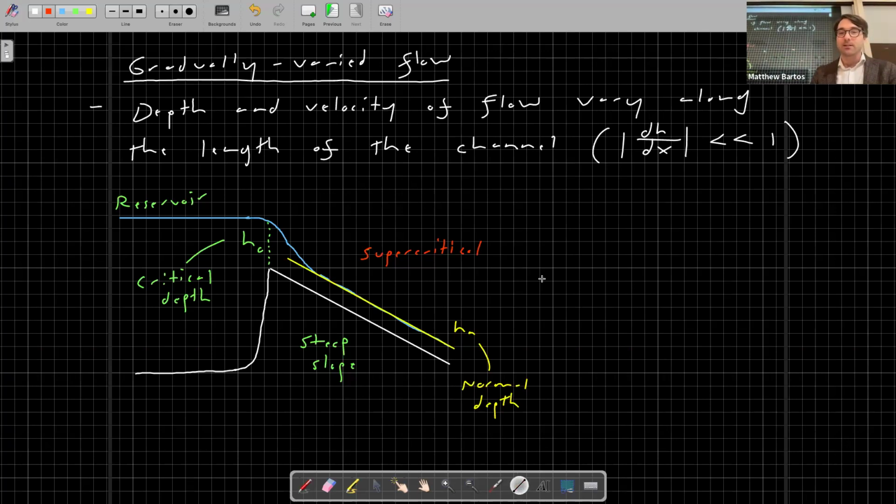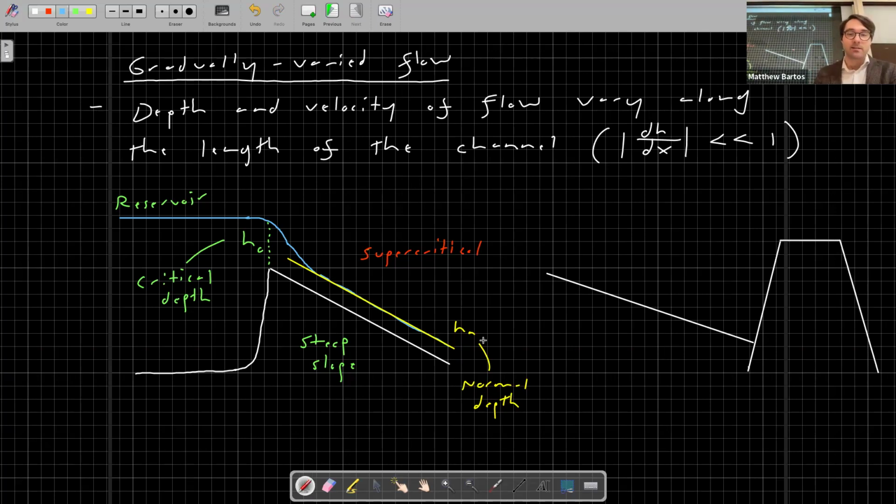Let's go through another case. So here we might have a shallow slope channel. And let's say that shallow slope channel encounters an obstruction, for instance, maybe a dam. At the upstream end, if this channel has a relatively constant bottom slope, the flow will be traveling at the normal depth.